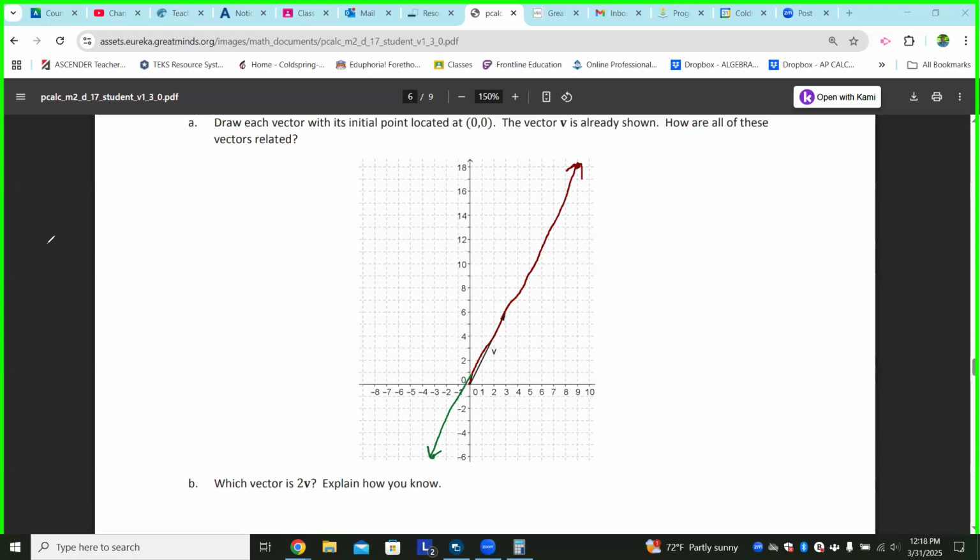Hence your sarcasm, guys. There's 1, 2. I guess I should have labeled that. So this is S. This would have been, was it W? And then this was U. And then we also have a T, -1.5, -3.